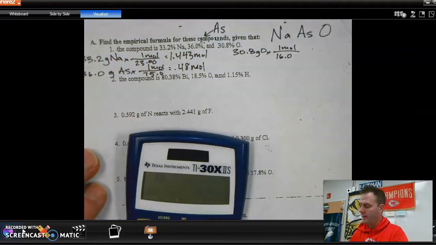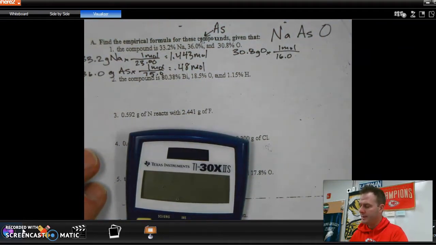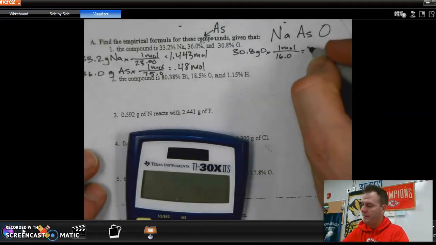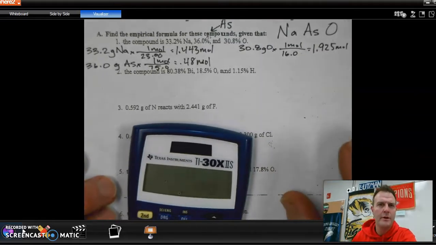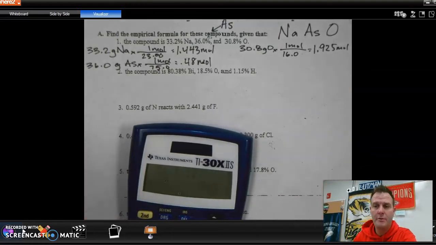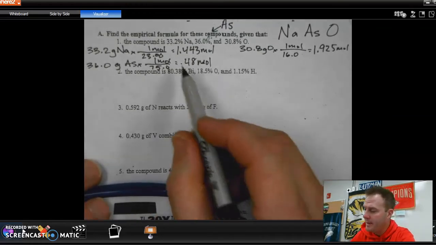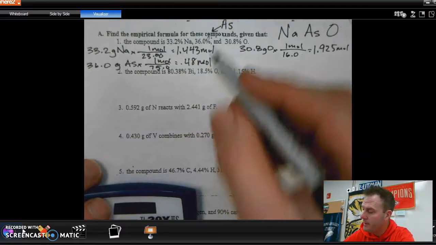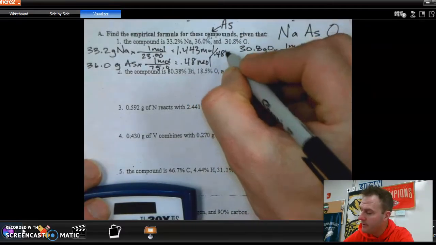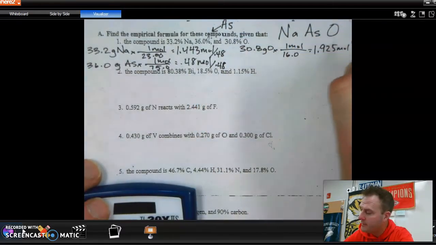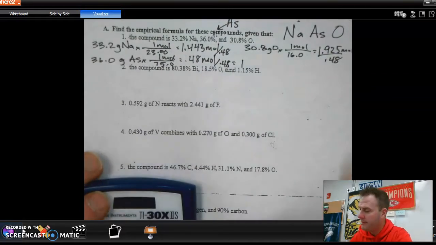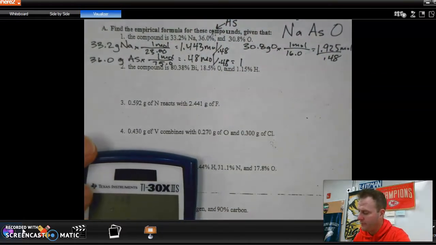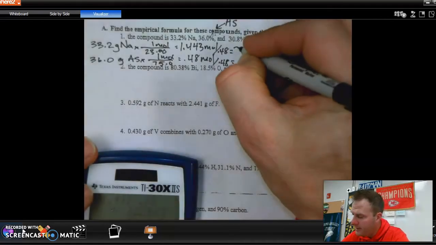And then 30.8 divided by 16 is 1.925 moles. Okay, so when you look at all this data, once you get your mole ratio, you're going to divide by the smallest one. So 0.48 is going to be our smallest one. 0.48 divided by itself is 1. 1.443 divided by 0.48 equals 3.